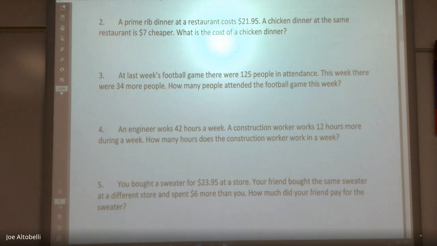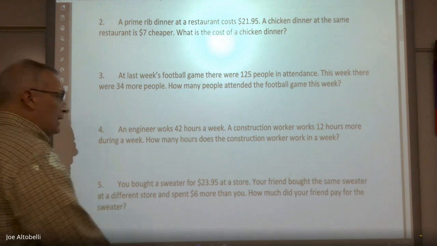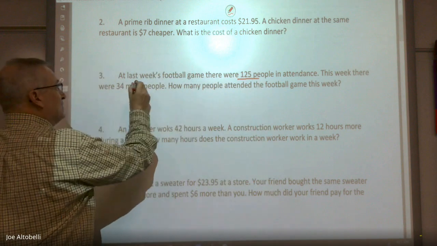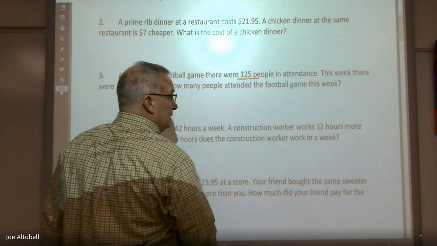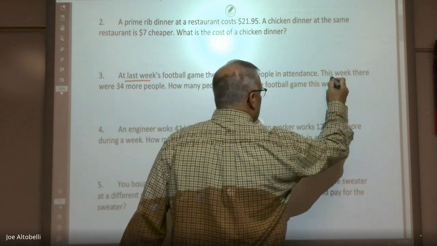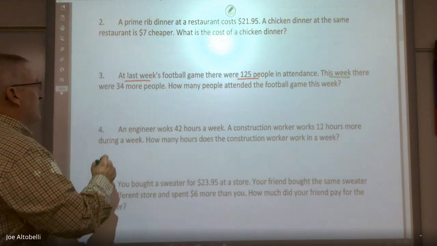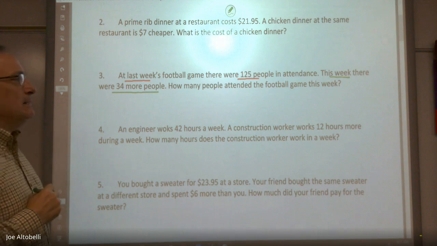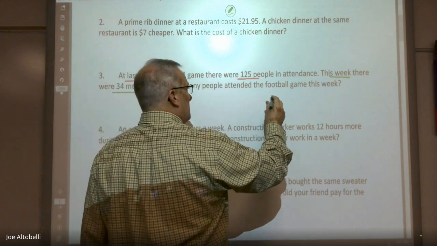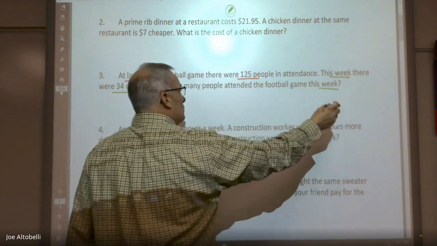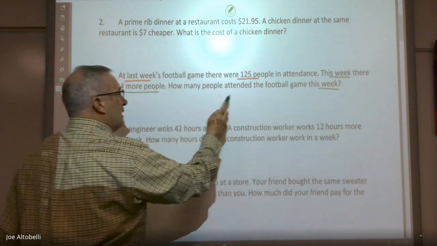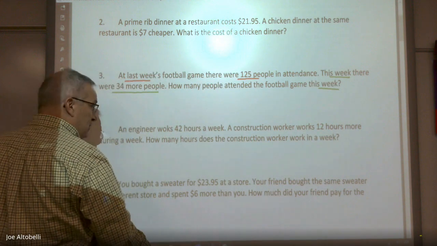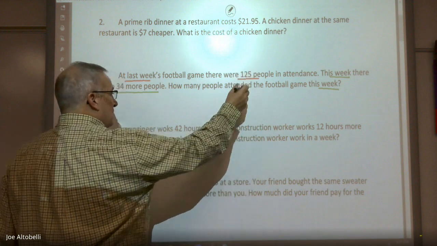At last week's football game, there were 125 people in attendance. Okay, and that is last week. This week, there are 34 more, and then it says how many people attended the football game this week. So I want to know how many are this week using the information from last week.